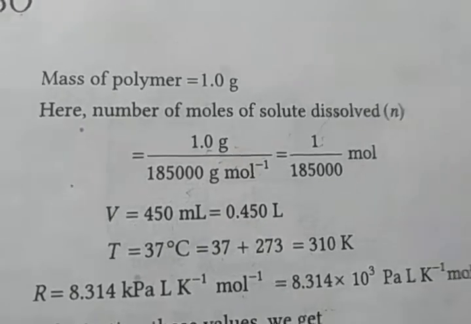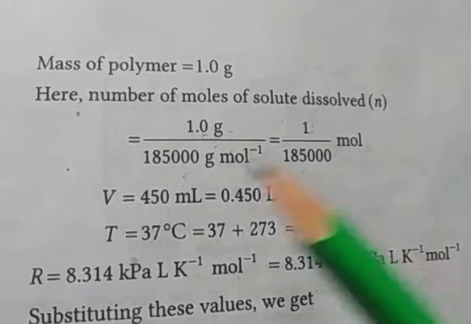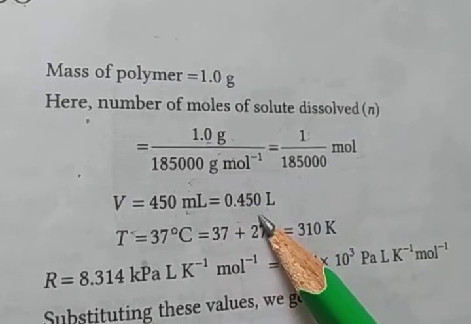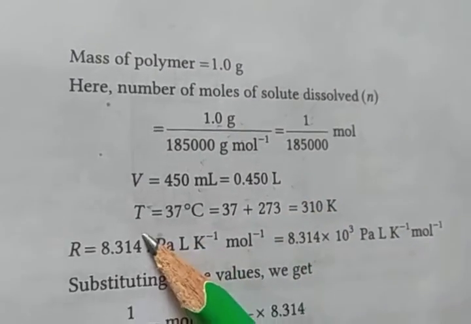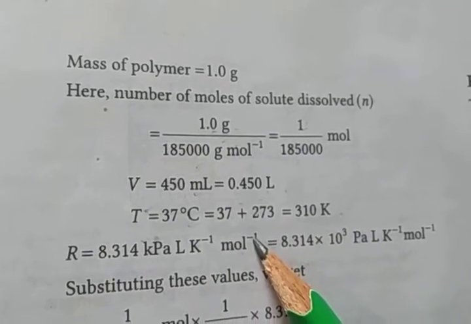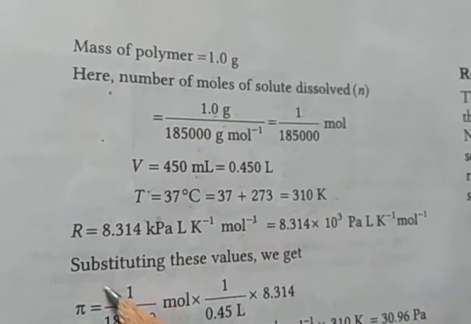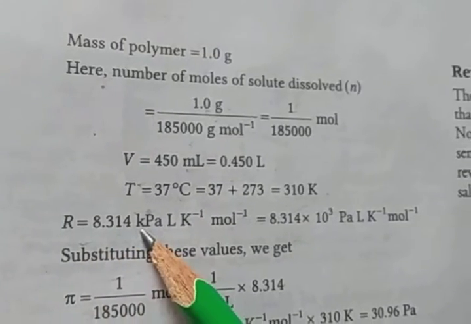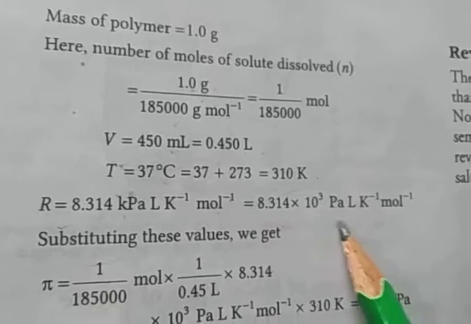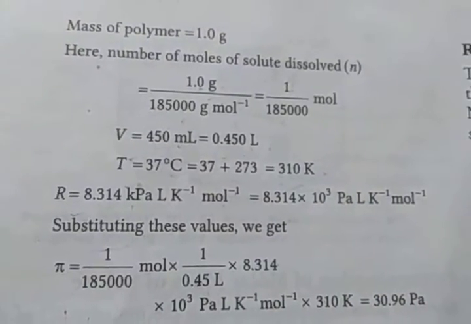So calculate 1 upon this value, moles. The volume is 450 ml, so convert into liters: 0.450 liter. Temperature is 37 degrees Celsius, so convert into Kelvin by adding 273, so 310 Kelvin. The gas constant value is 8.314 into 10 to the power 3 Pascal liter per Kelvin per mole.